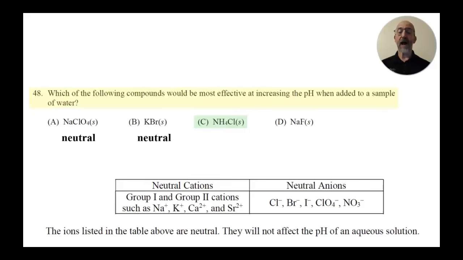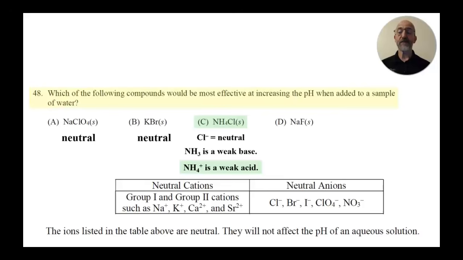Although the chloride ion is neutral, ammonium, which is NH4+, came from the weak base ammonia, NH3. If ammonia is a weak base, then the ammonium ion is a weak acid.